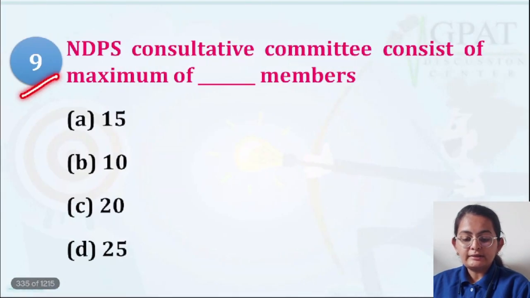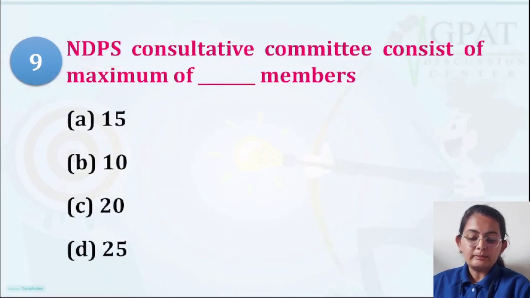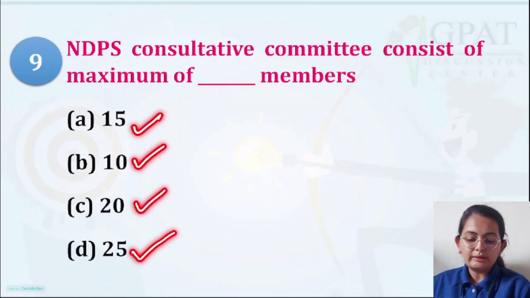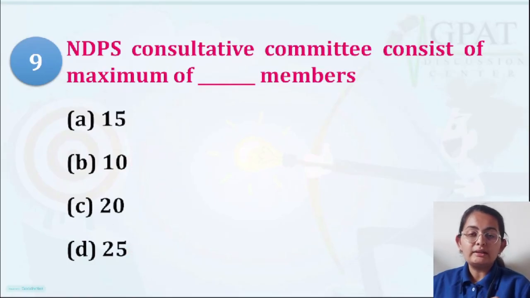Question number 9 is asking: the NDPS Consultative Committee consists of how many members? 15 members, 10 members, 20 members or 25 members. You must remember why this consultative committee was formed: because certain advice was needed by the government. The government itself doesn't make rules and regulations on its own. It has to be a group of people who decide and advise.